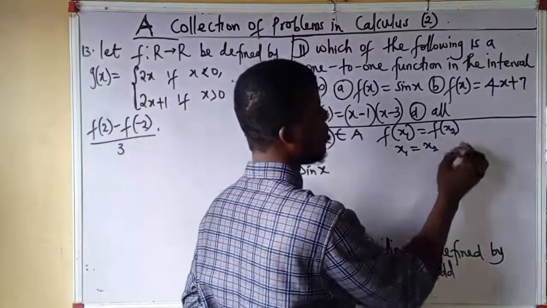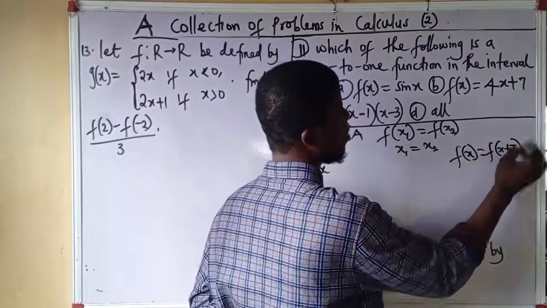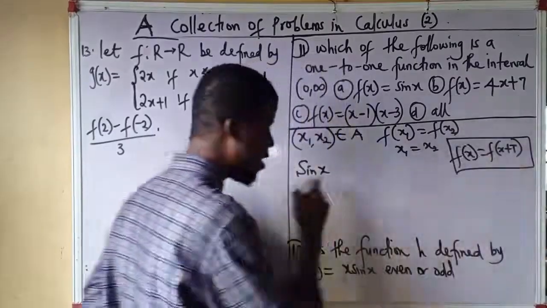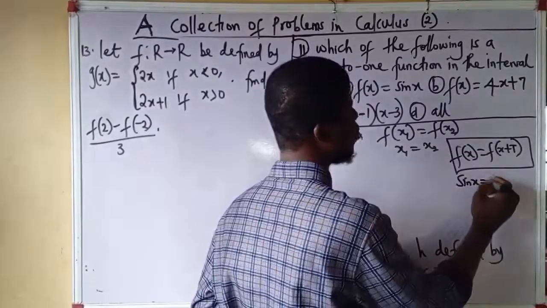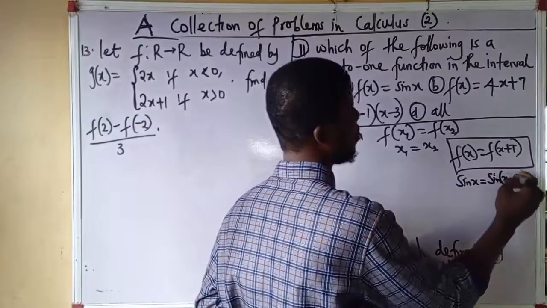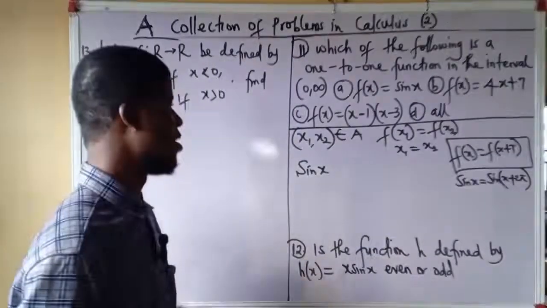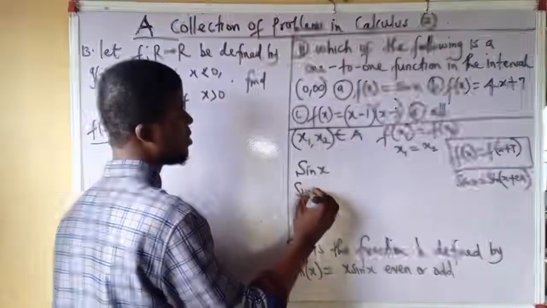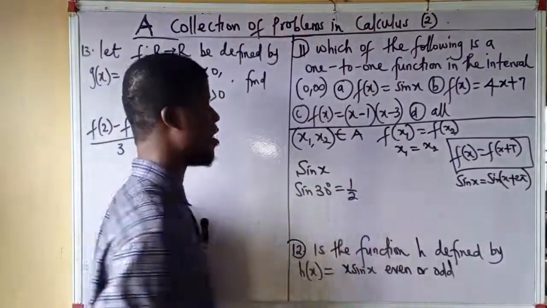Just listen carefully to this explanation. For a periodic function f of x, if it is equal to f of x plus t, where t is the period, the function is periodic. Sine x is periodic because sine x is actually equal to sine x plus 2 pi. At every 2 pi, the value of sine x will repeat. See, sine 30 degrees is actually 1 over 2, which is 0.5.